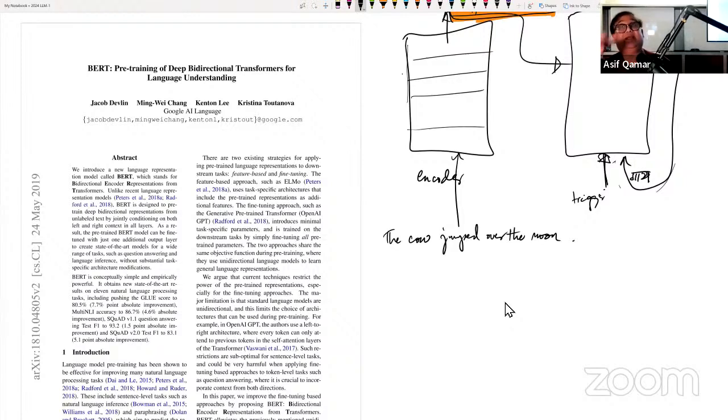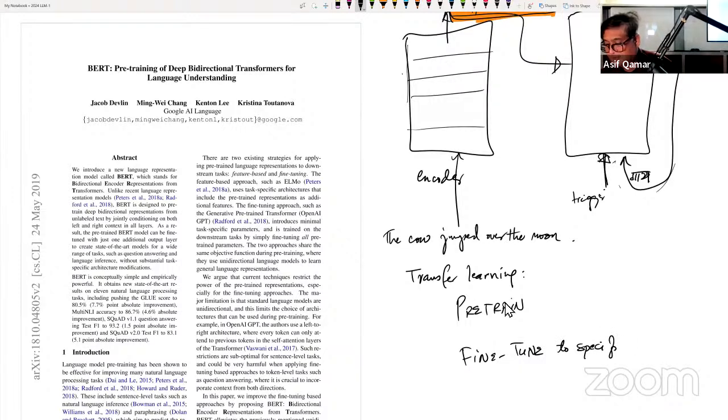Pre-training and fine-tuning. Right? So transfer learning is: pre-train a model, then fine-tune to specific tasks.